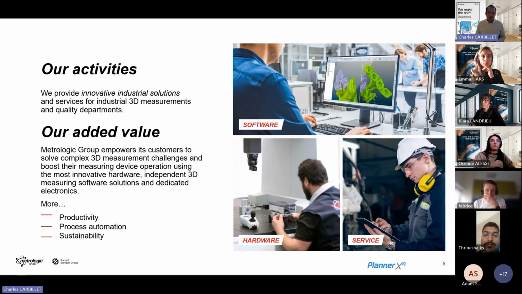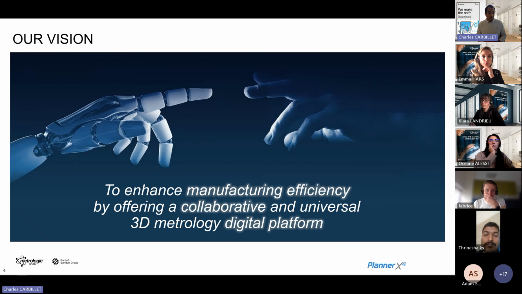Let's now introduce our main vision, in order to understand where this famous Planner product is coming from. Clearly, our vision is to enhance manufacturing efficiency by offering a collaborative and universal 3D metrology digital platform.